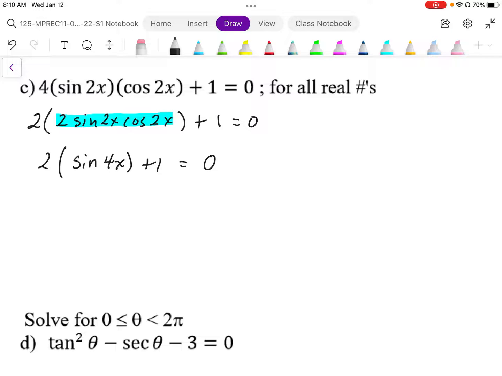Now that I've converted that into one function, I can solve for the sine value. So I get sine of 4x equals negative 1 over 2. And then solving this, I can solve this trig ratio using my pictures. Sine is going to be negative 1 over 2. Let's draw a little bit better picture than that.